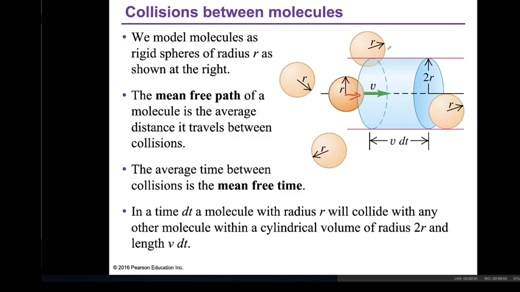So you can draw a cylinder, a circle with a radius of 2r, and the length is vt. So any molecule which is inside the cylinder will be hit by this molecule. Actually, I drew it too small, it should be bigger.